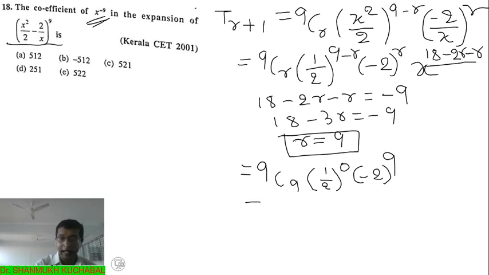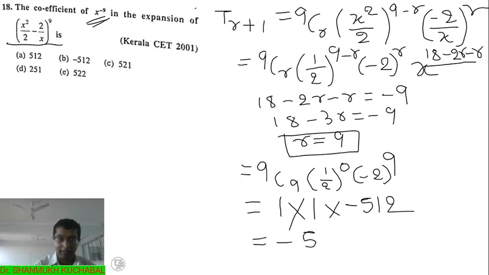Then 9c9, as you all know, is 1, 1 by 2 raised to 0 is 1, and minus 2 raised to 9 is minus 512. So we get the answer as minus 512. Therefore option B, minus 512, is the right answer.